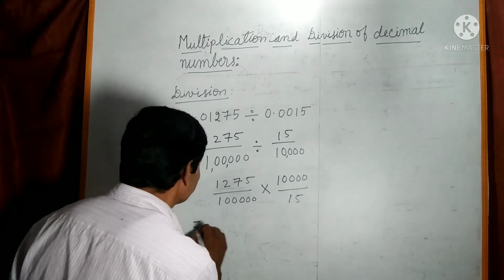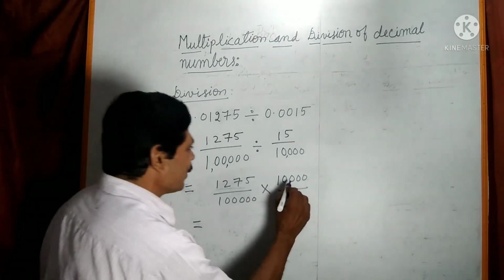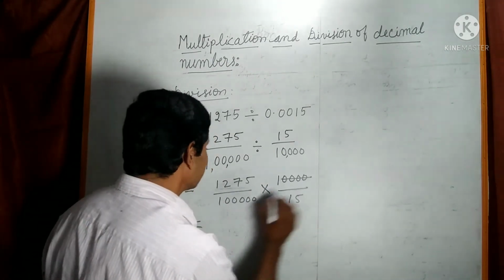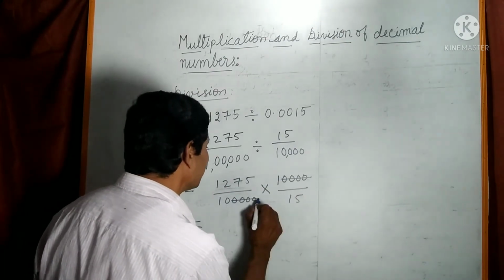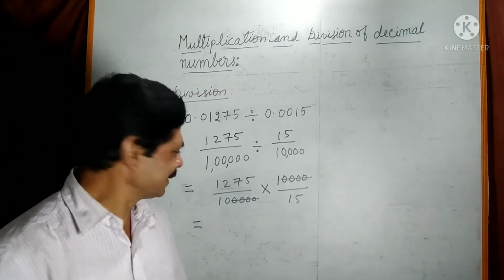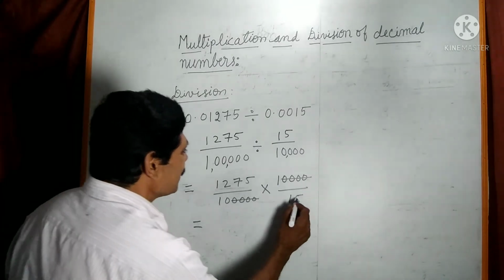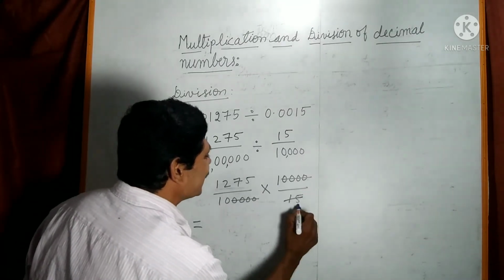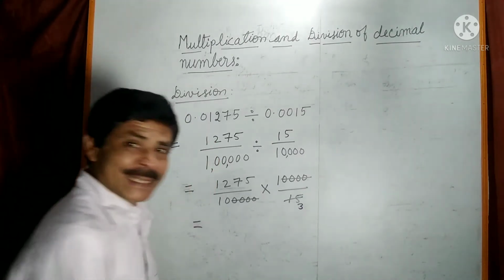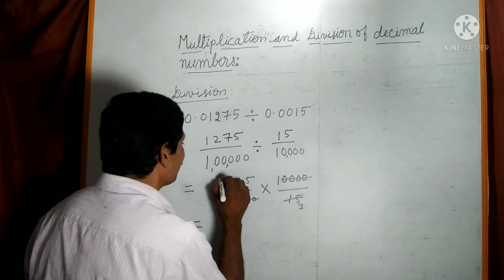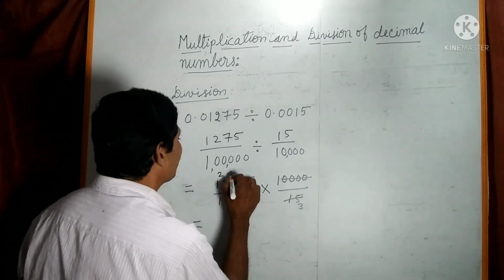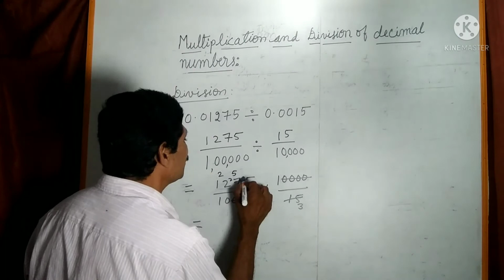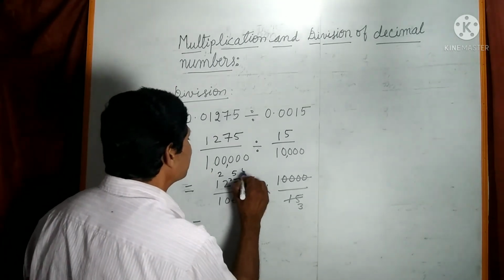This is equal to, we will cancel 4 zeros in the numerator and 4 zeros from the denominator. So here 5 3s are 15, 5 2s are 10, 5 5s are 25, again 2 is remained, 5 5s are 25.